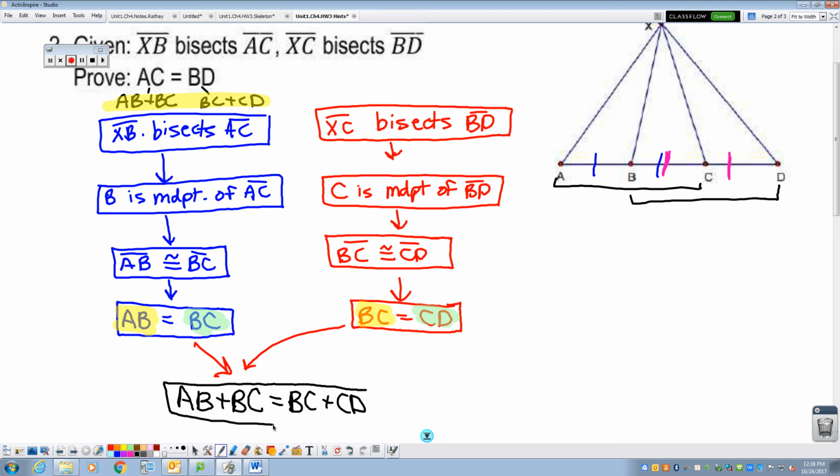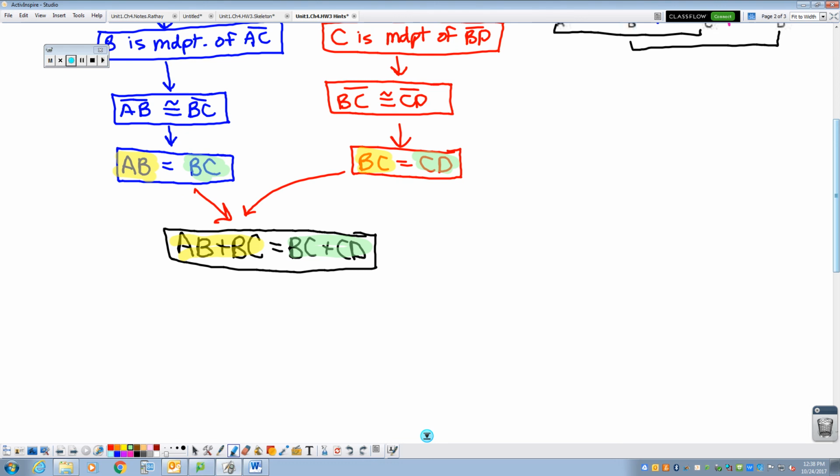And I got that by adding these two boxes together. This is the sum of the quantities on the left. This is the sum of the quantities on the right. So we're adding equivalent things together. So our reason is equals added to equals are equals.